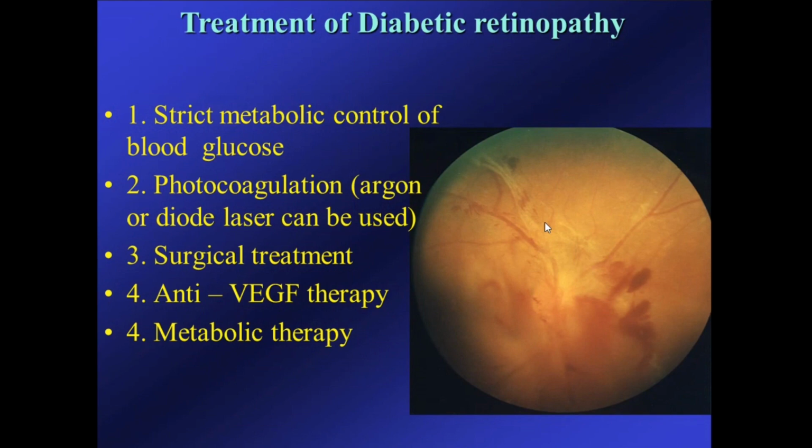In the case of diabetic retinopathy, we should treat such patients aggressively. So, of course, in the treatment of diabetic retinopathy, in first place is strict metabolic control of blood glucose and other metabolic disorders.